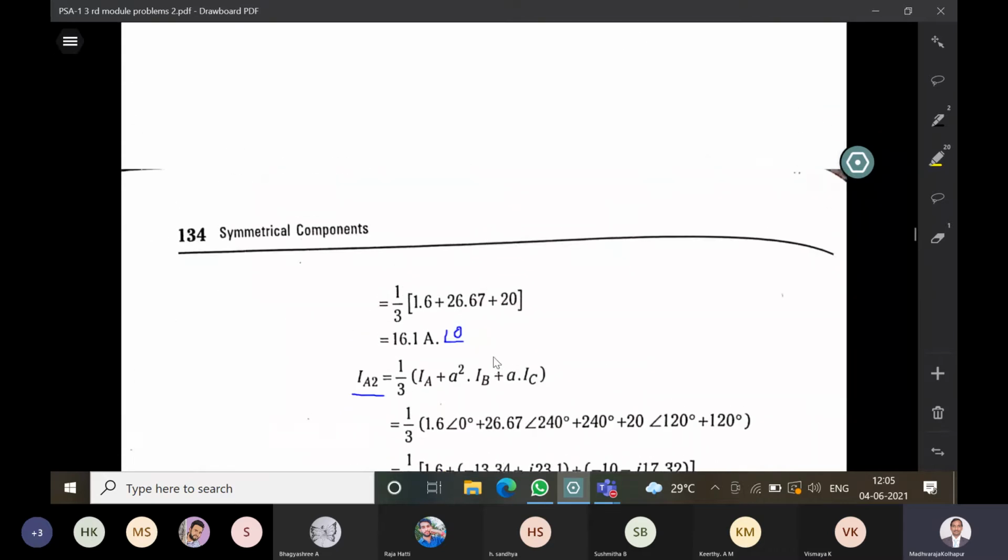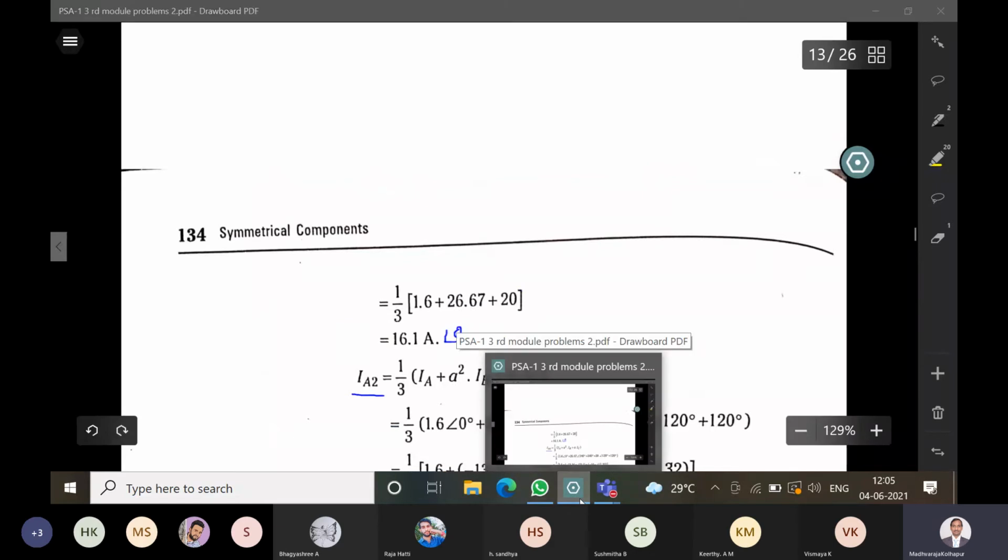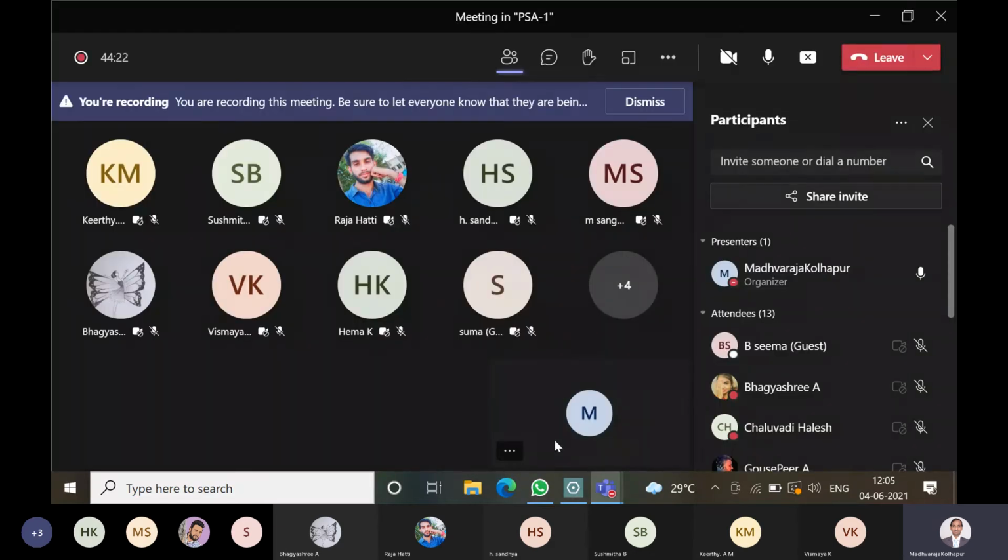Similarly, calculate IA2. Calculate the value of IA2.